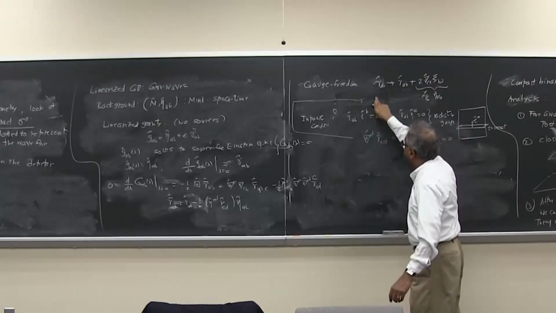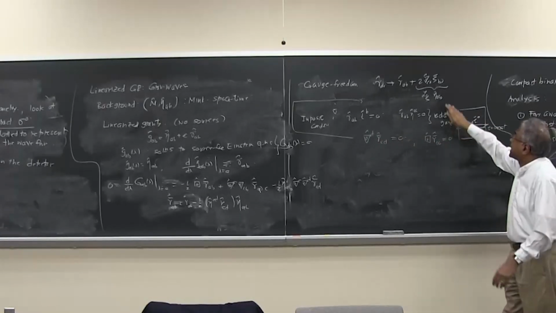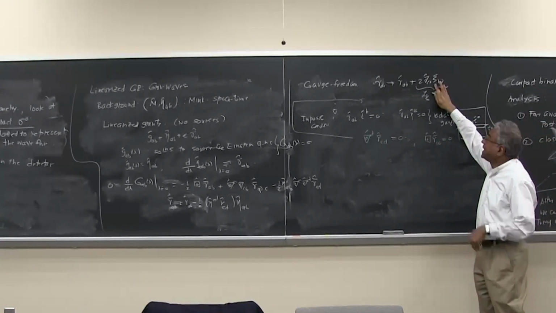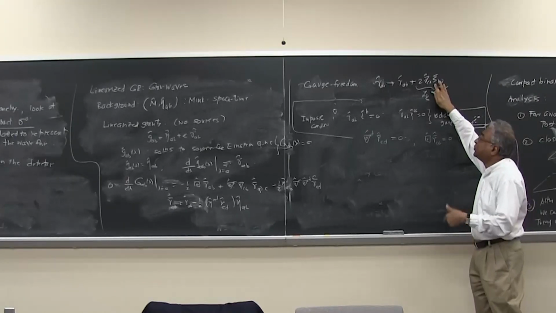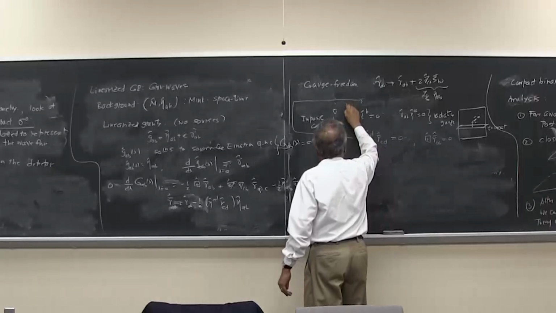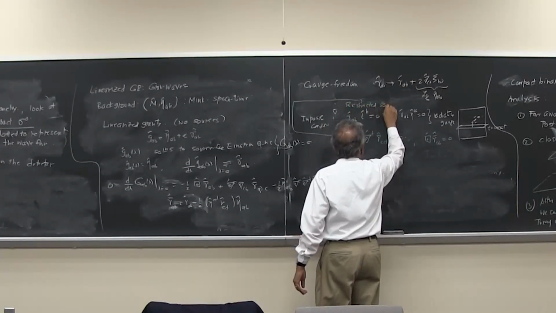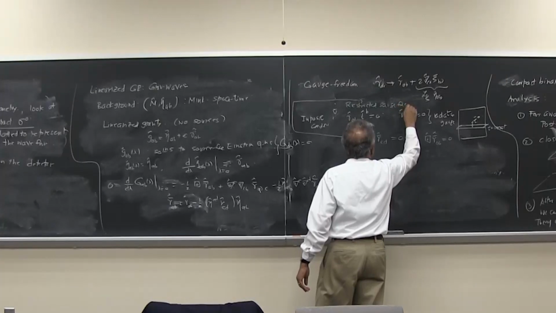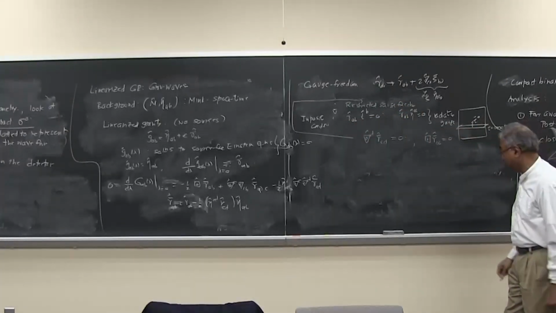I should have said this before. Using this gauge freedom, we can first do this. It still leaves a gauge freedom where zeta satisfies the wave equation, and using this restricted gauge freedom, you can make gamma hat both spatial and trace free.